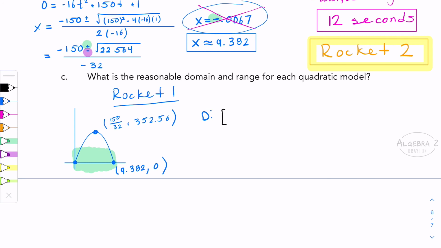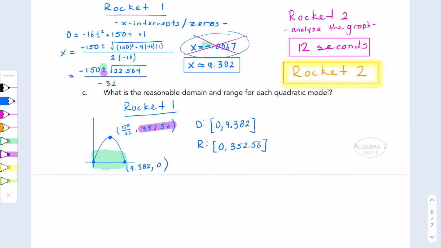We're going to use square brackets because we include those points. For the range, this graph also starts at 0 because it cannot go negative, and it ends at the y-coordinate of the vertex, which is 352.56. Again, we're using square brackets because those points are included.